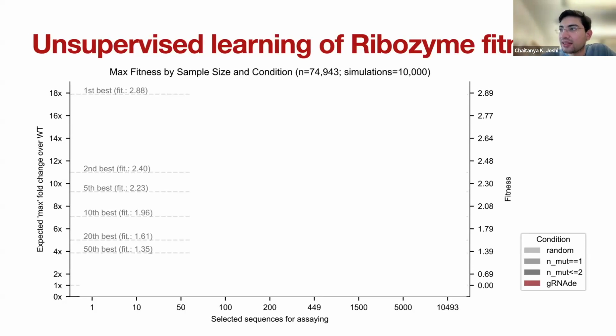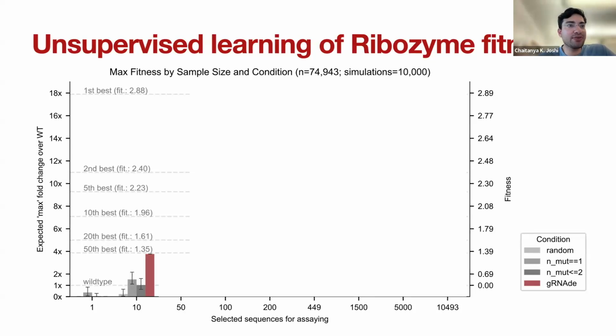And then the other two here are at random from all first order mutants, so making only one mutation, or at random from all up to second order mutants, so making up to two mutations in the sequence. And these are very simple strategies used by people in RNA engineering. So we wanted to see if gRNAde can be useful for picking good mutants.